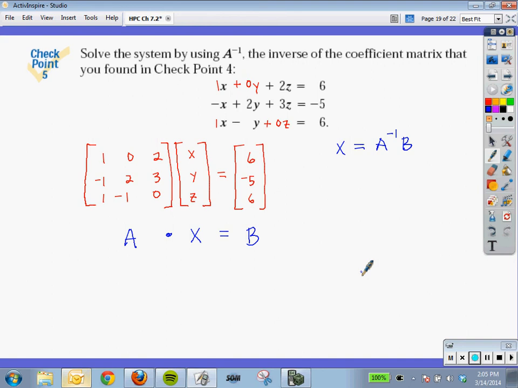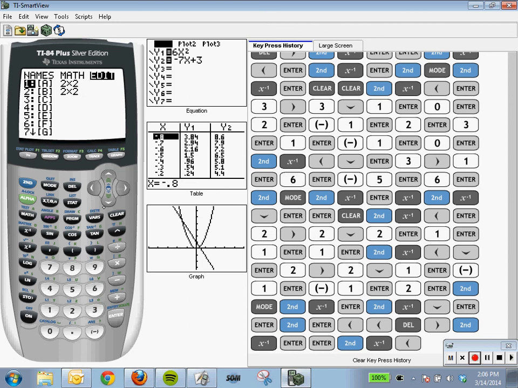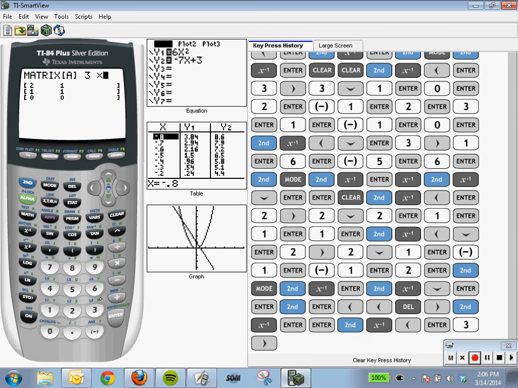So we have to go to our calculator and plug in matrix A and matrix B right now. So I'm going to need your guys' help right now, okay? I'm going to go to Edit, and I have a 3 by 3 matrix. So somebody help me out. What was in that 3 by 3 matrix?